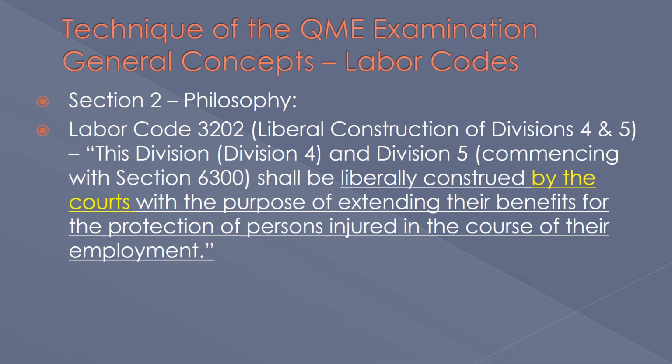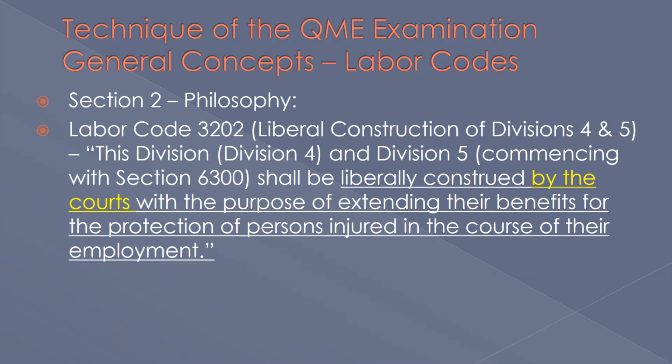From 3200 to 7997. So what it says is that this division, Division 4 and Division 5, shall be liberally construed by the courts. And I've highlighted the term here: by the courts. We are not the courts. We are the qualified medical evaluators. But I'm going to relate our liberal construction of our job to the liberal construction by the courts as we develop this principle.